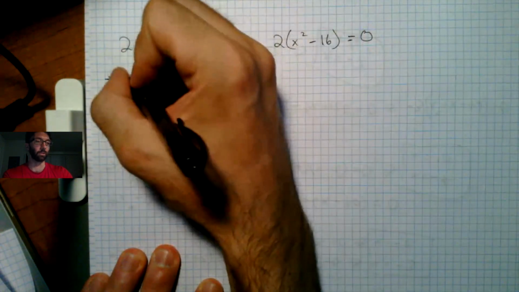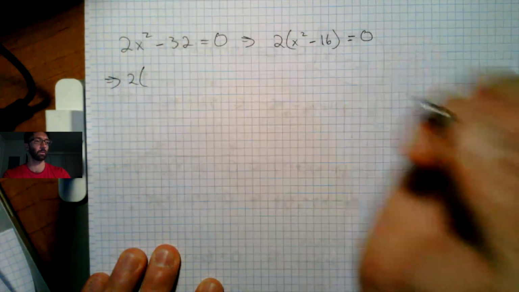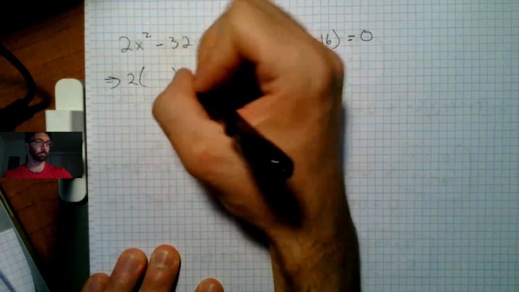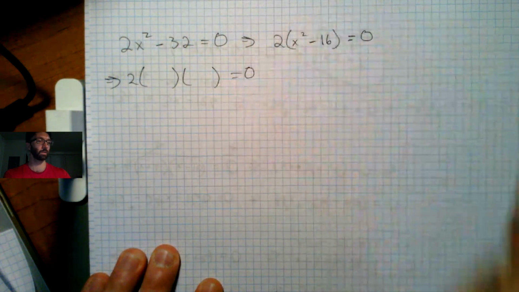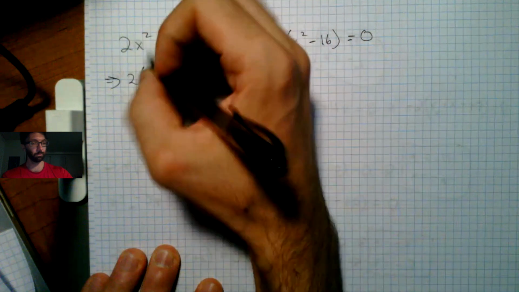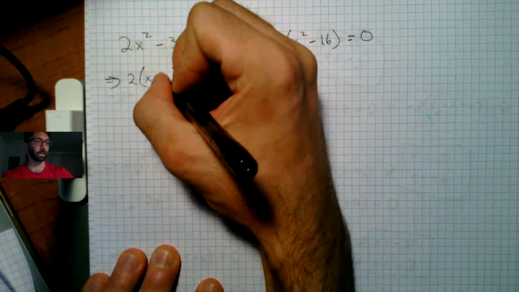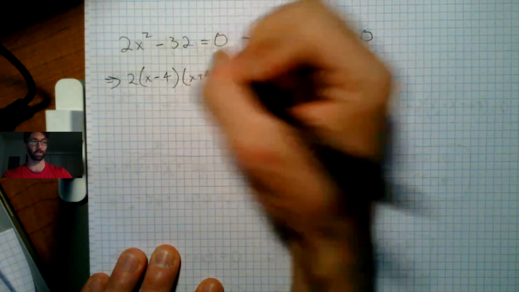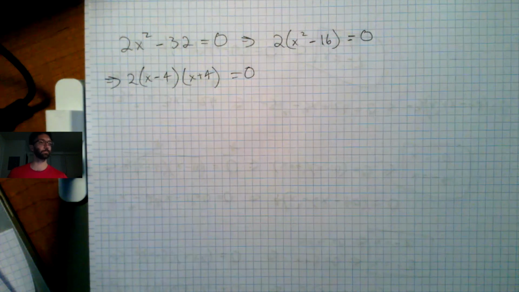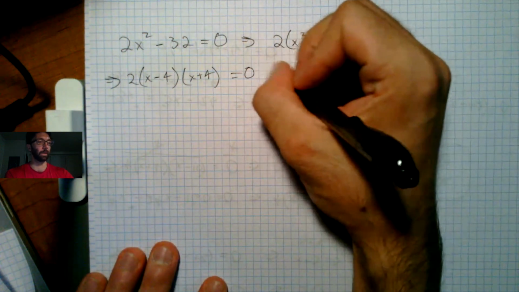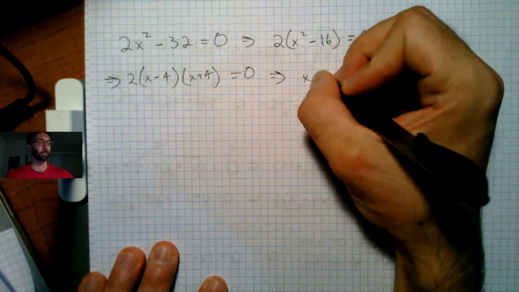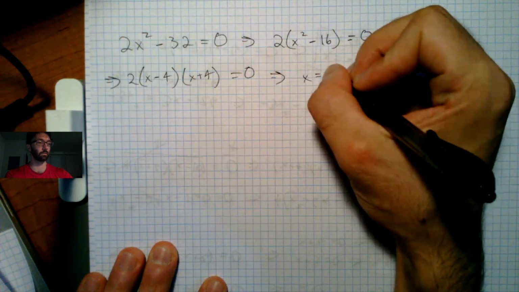And so I'll keep my 2 out front, and then this difference of squares, of course, just factors to x minus 4, x plus 4. And we now see that x can be positive or -4.